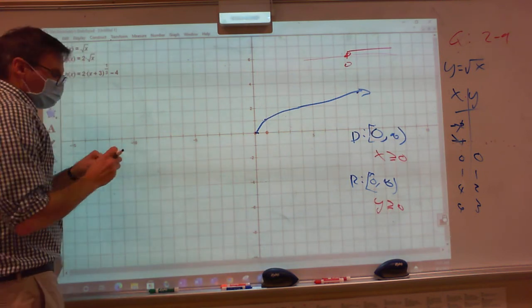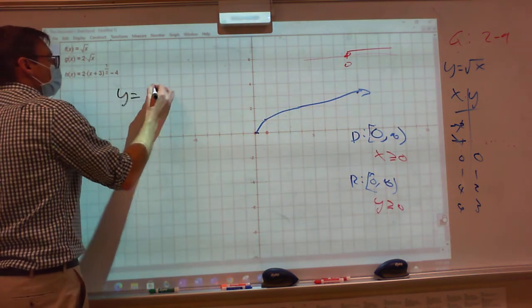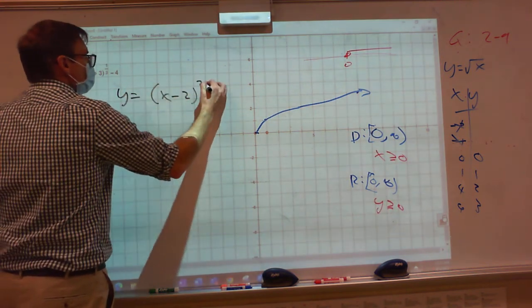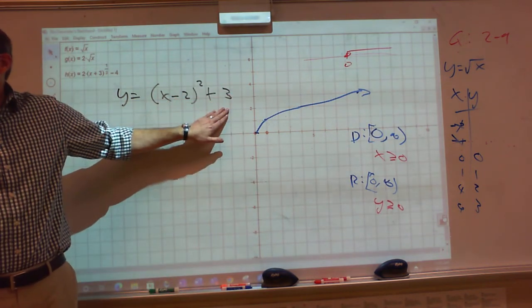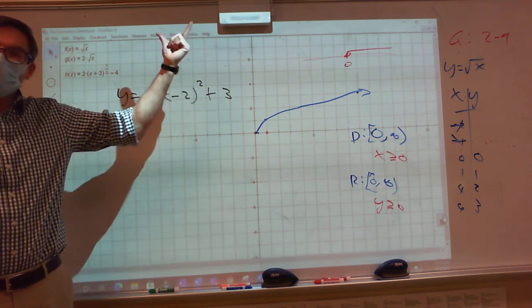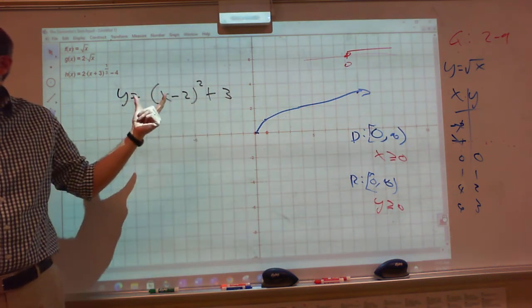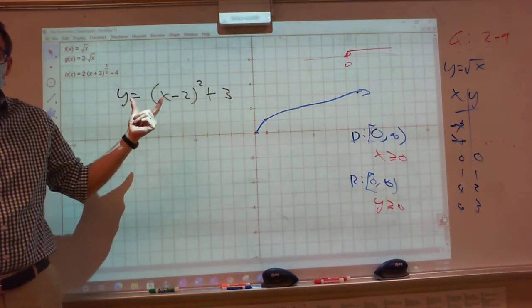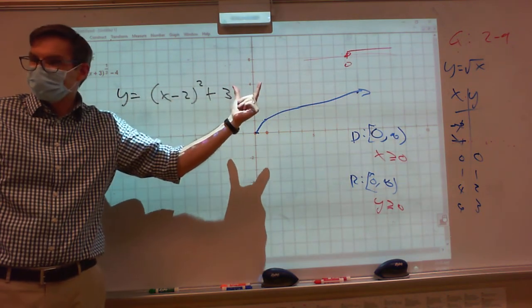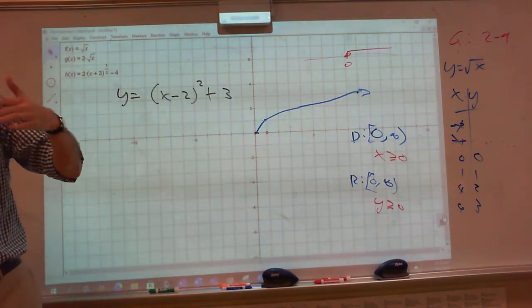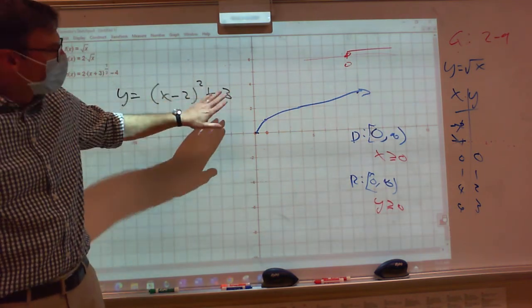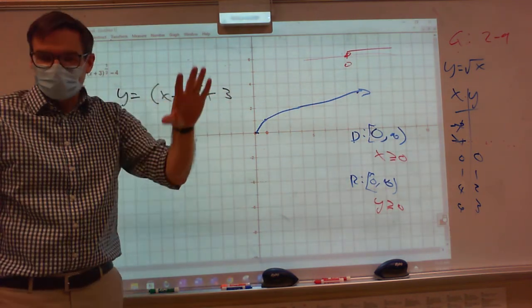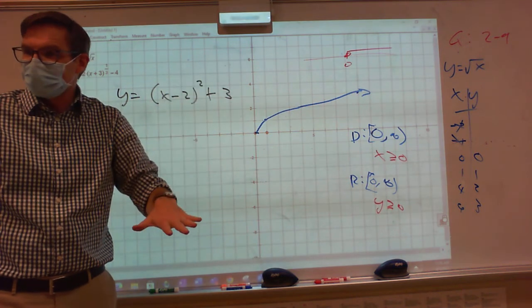What we know from parabolas. If I give you y is equal to (x minus 2) squared plus 3, what did that plus 3 do to my parabola? Moved it up. What did the minus 2 do? Goes backwards, goes right. Anything outside the parentheses has to do with the y, so it's going to impact up and down.